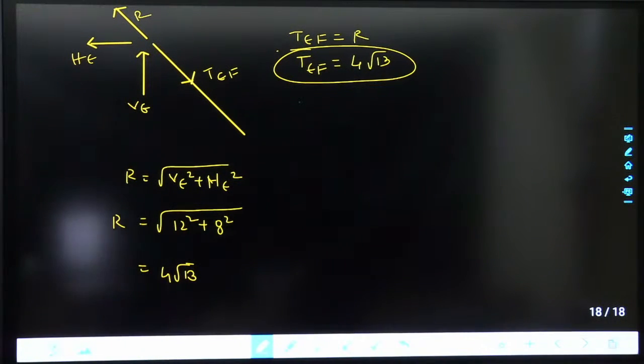Yeah, fine. Next, what is that we have to find out? We have to find out force in FG. How we are going to find out force in cable FG?